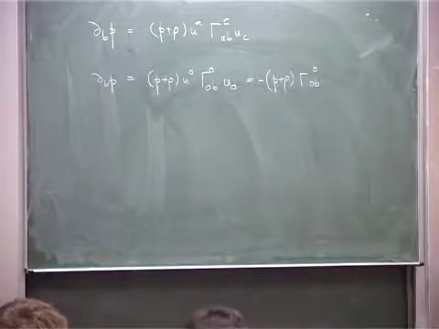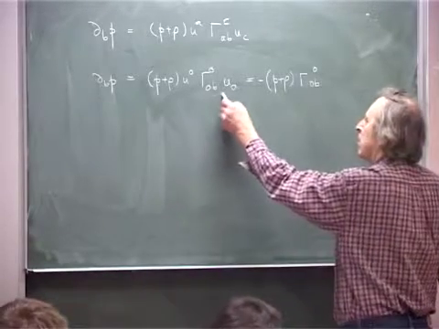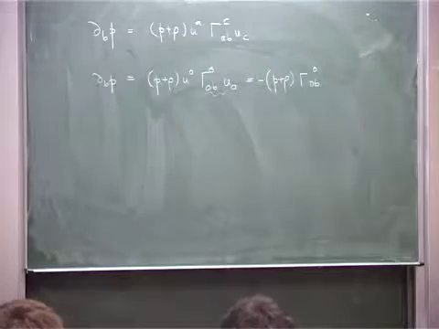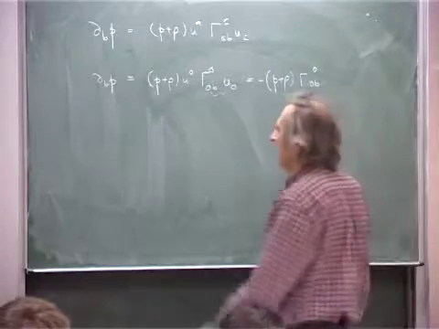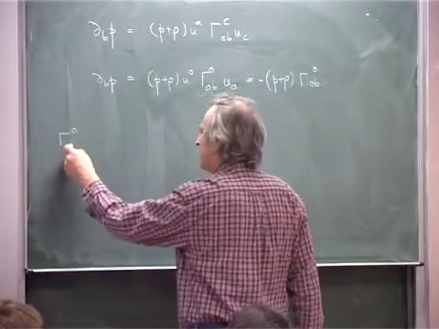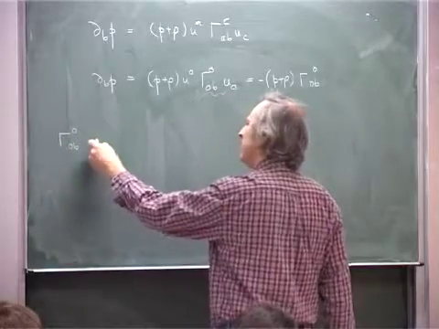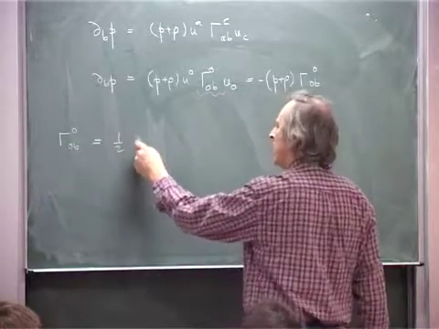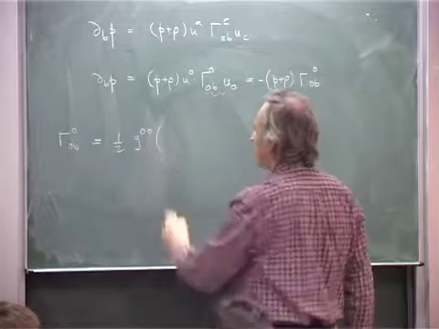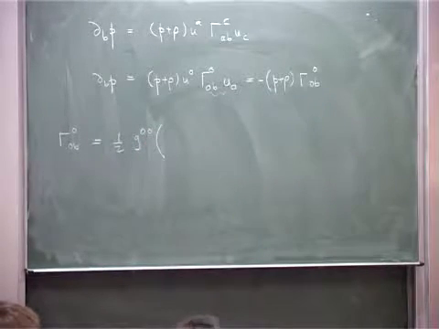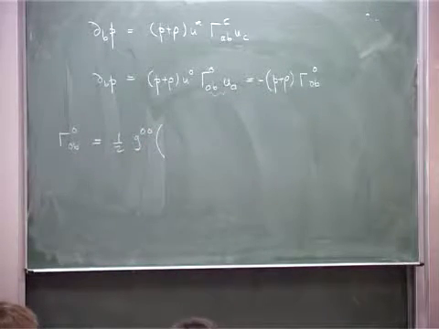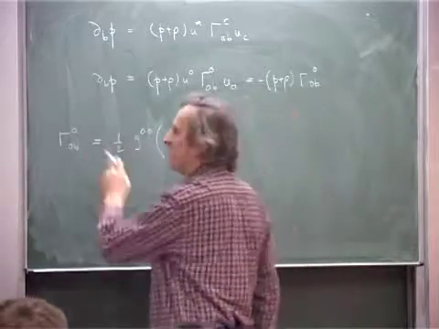To go further, you've got to evaluate this Christoffel symbol. That's kind of easy. Gamma 0, 0 anything is equal to a half of G0, 0 upstairs. It's got to be that the only inverse component of the metric you see will be 0, 0, the only one that has a 0 in it.